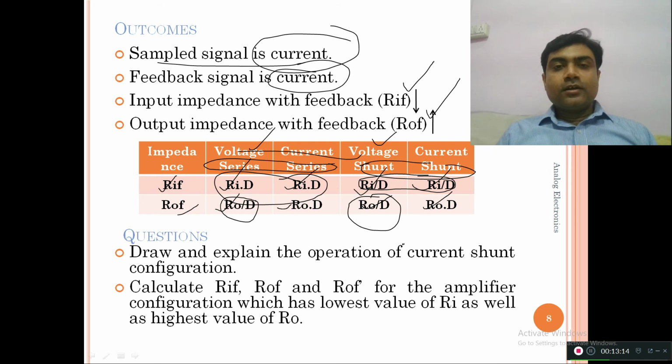Is that clear? Shunt mixing gives me the lesser value of Ri, series mixing gives me the higher value of Ri. Similarly, for ROF or RO in case of feedback, if I sample the voltage, I will get the lesser value of ROF, and if I sample the current, I will get the higher value of ROF.